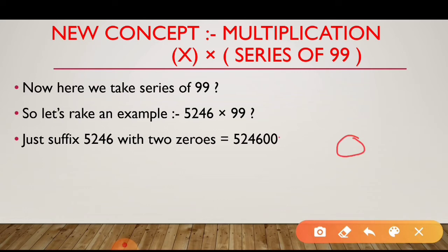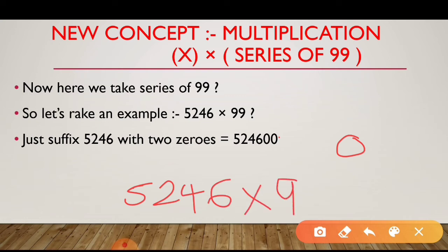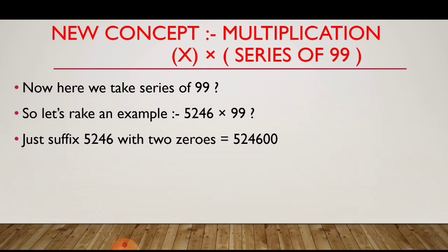Now in the previous sums we put here 10 only. Why 10 after the digit? Because there was a single 9 to multiply. Okay, means like this, 5,246 multiply by single 9. That's why we multiply by 10. But here now 2 digits were given, so we have to multiply the digit by 100.